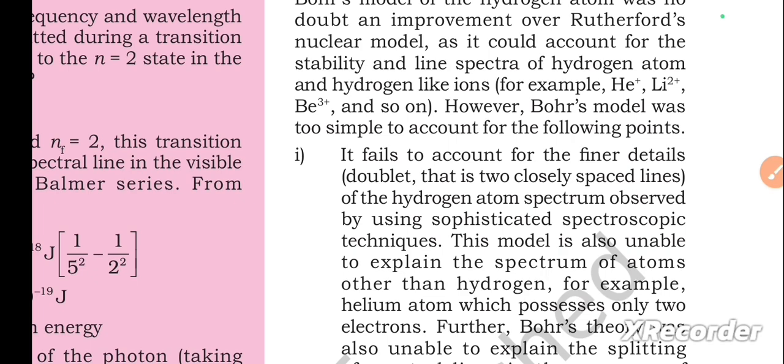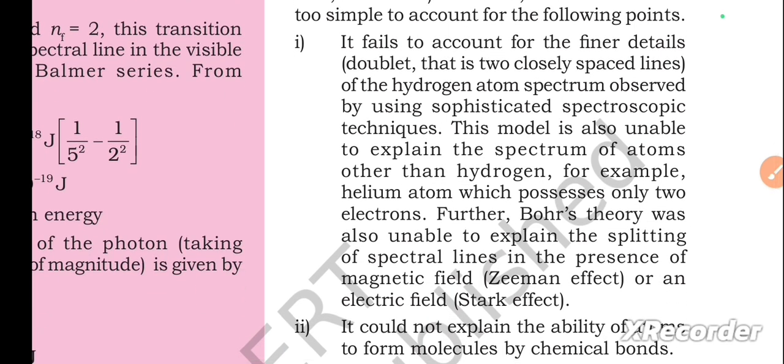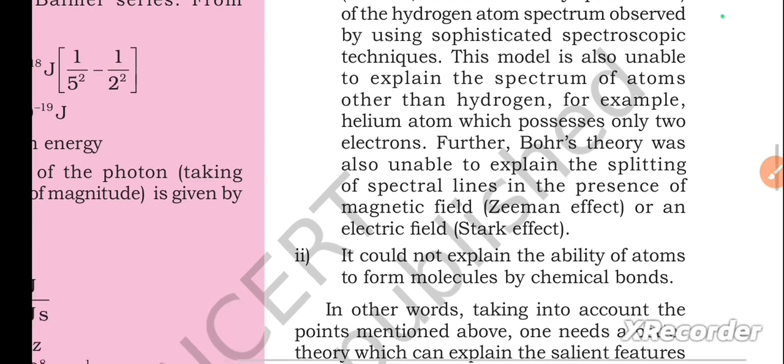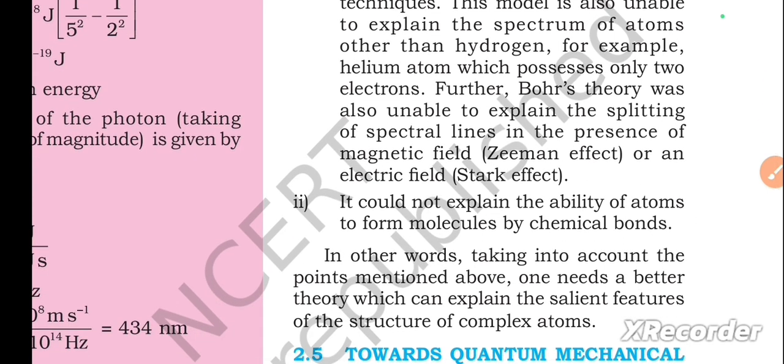First point, it fails to account for the finer details, doublet, that is two closely spaced lines, of the hydrogen atom spectrum observed by using sophisticated spectroscopic techniques. This model is also unable to explain the spectrum of atoms other than hydrogen, for example, helium atom which possesses only 2 electrons. Further, Bohr's theory was also unable to explain the splitting of spectral lines in the presence of magnetic field, Zeeman effect, or an electric field, Stark effect. Second point, it could not explain the ability of atoms to form molecules by chemical bonds.